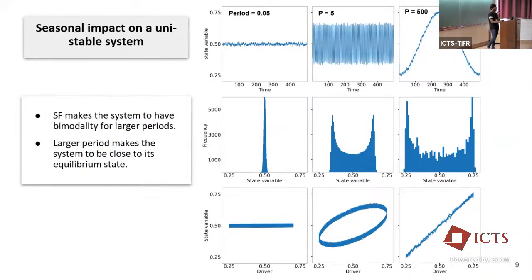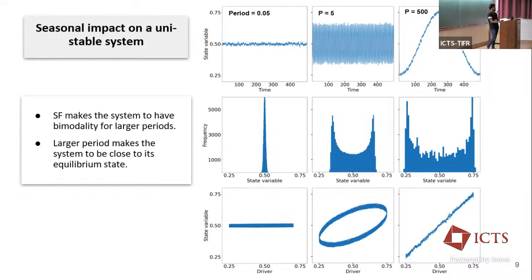So in a nutshell, the seasonal forcing makes the system have bimodality for the smaller periods that I considered, and a larger period makes the system stay in the equilibrium state corresponding to the driver.